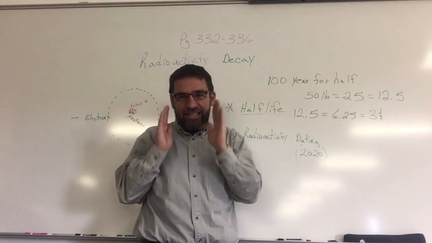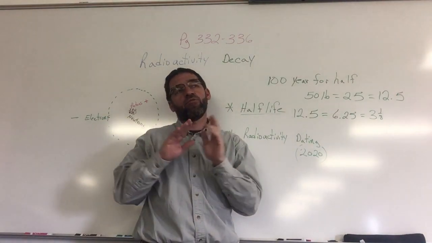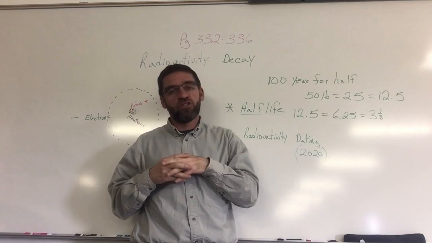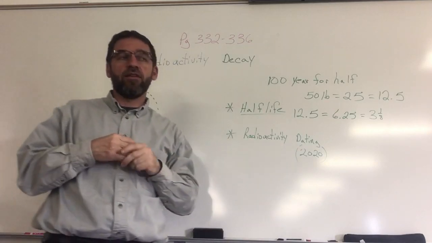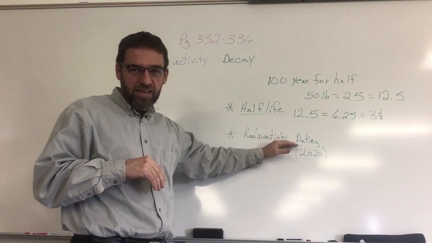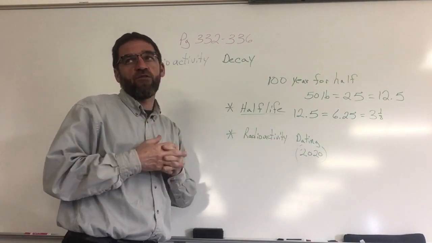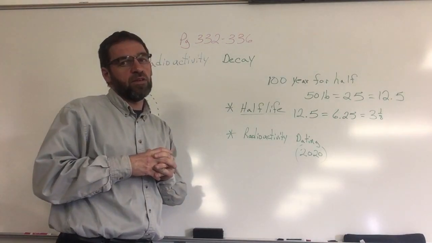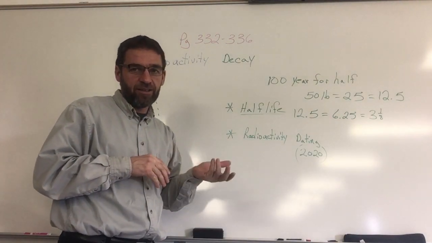It's not exact. Depending on the atmosphere around it, it could decay faster or slower. So when you read in books and scientists use radioactivity dating, be very careful with it, because more than likely it's not going to be an accurate dating of the past.